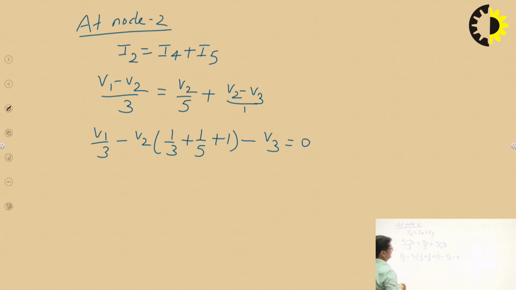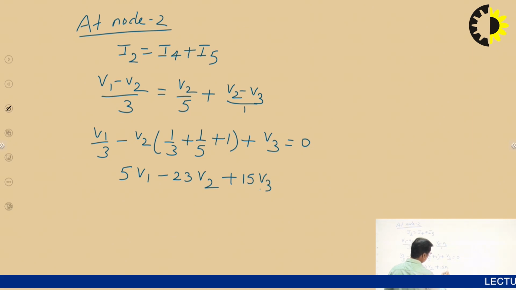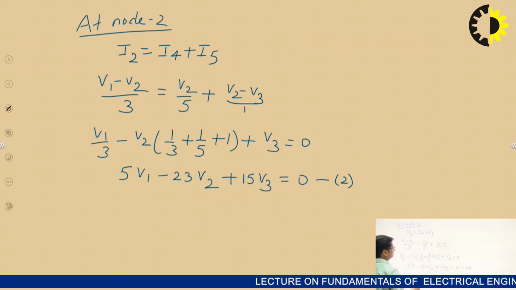So this is the second equation, and you can write this equation as 5V1 minus 23V2 plus 15V3 equal to 0. And this is the second equation.